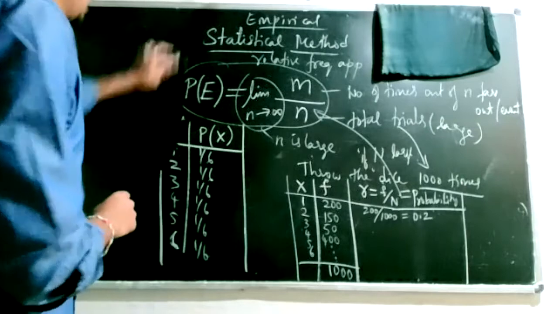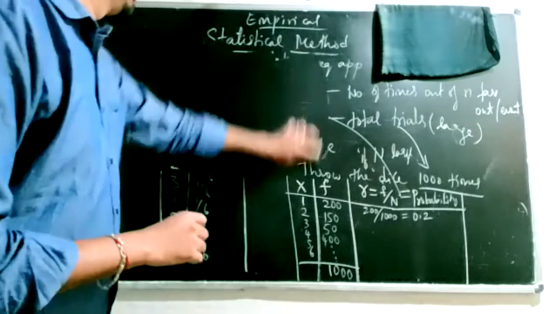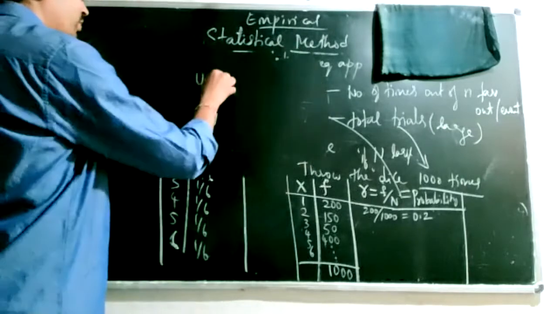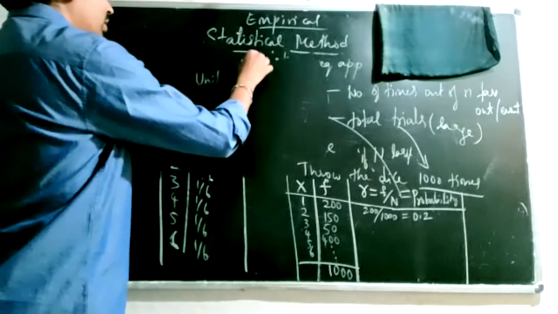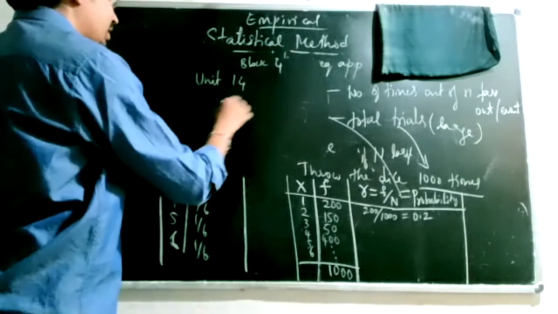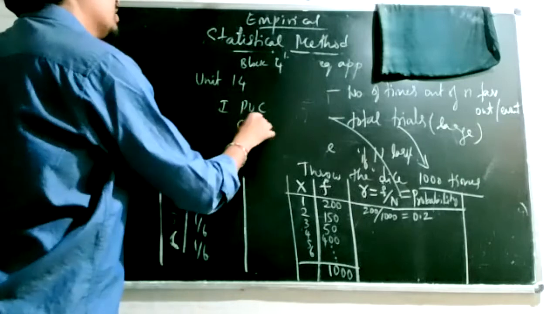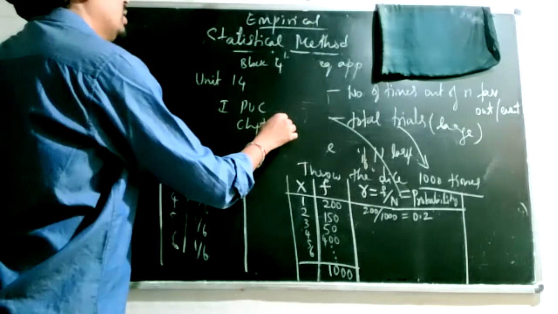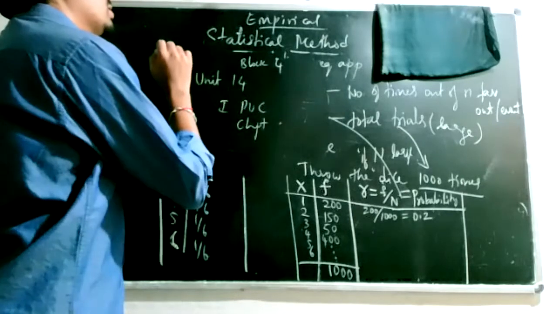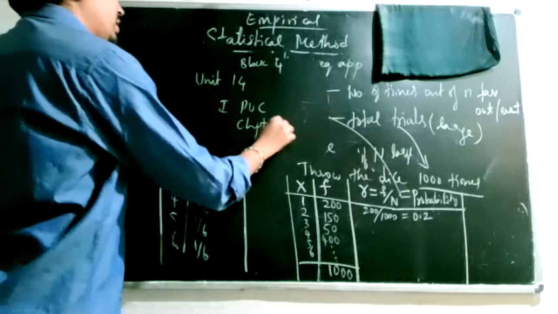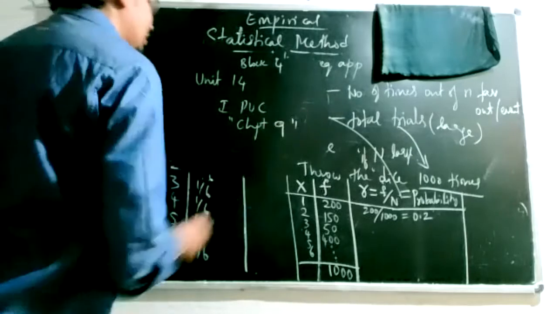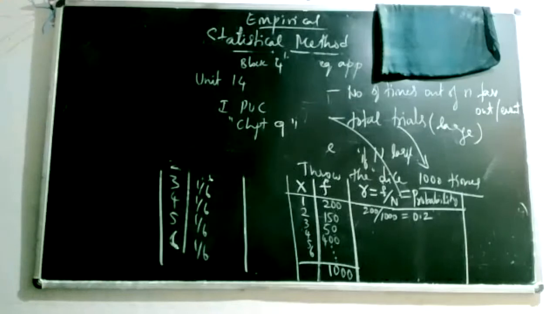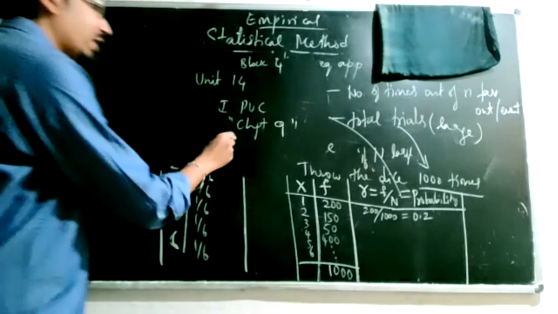You can find these things in unit 14 or chapter 14 of your block 4, or if you are using the first PUC book, it is in chapter 9 of that book. There are many such numerical problems.